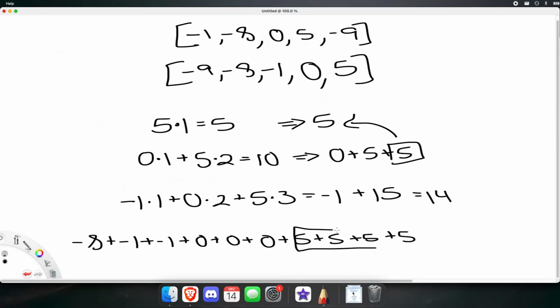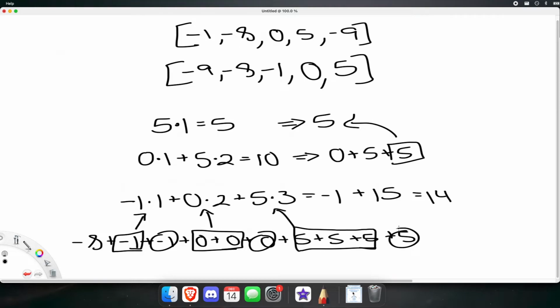These first three 5s came from the one before it. These first two zeros also came from the one before it. And this -1 also came from the one before it. So we're taking these values, adding them to our previous, and then adding the -8.